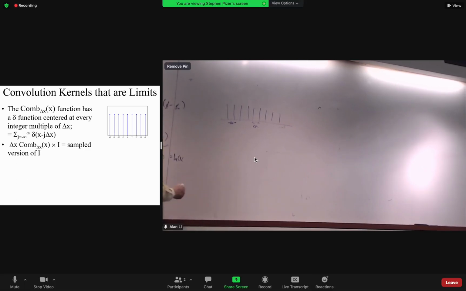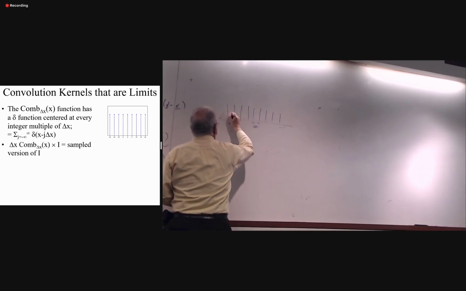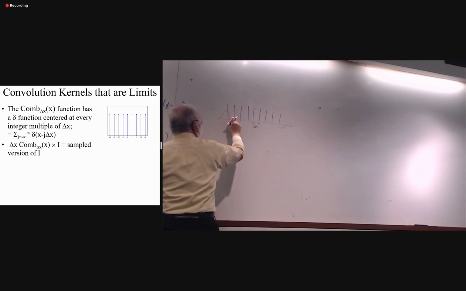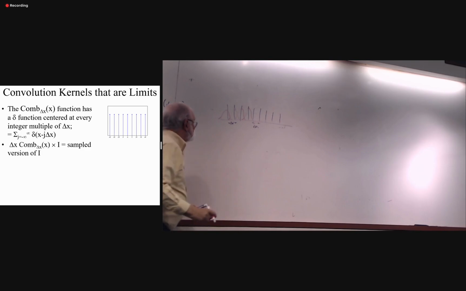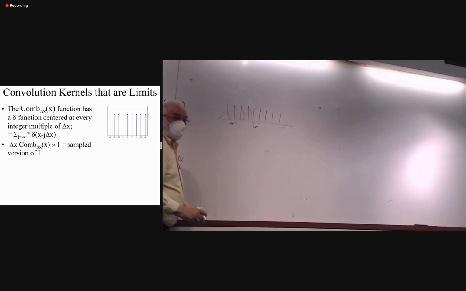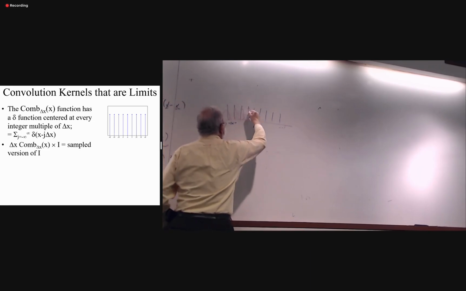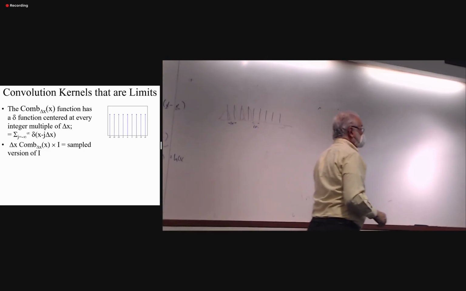And according to what I've just said in regard to impulse response, what we're going to get out is replacing this guy by the impulse response function, this guy by the impulse response function centered at it, this guy by the impulse response function centered at it, and so on all the way down the line. And all these results added up, which is going to produce some sort of a function like so. And we will see why we want to have delta x times the comb function.